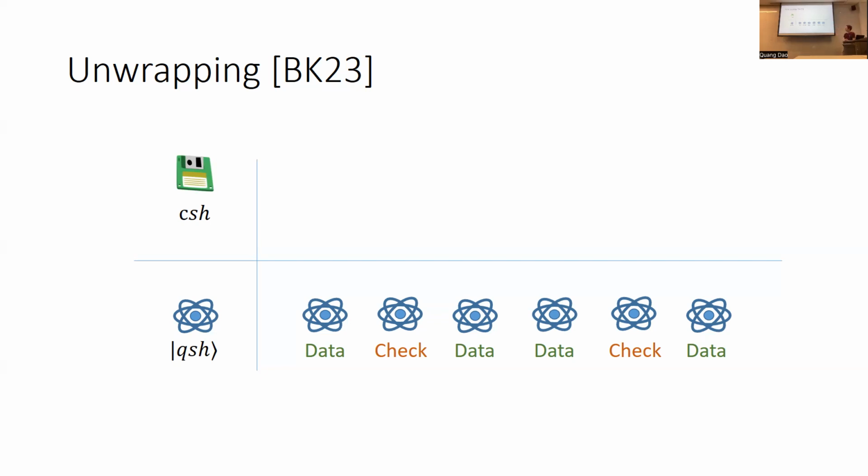The idea is that in order to check that somebody has actually measured in the incorrect, destructive basis, we just check the results of their measurements on the check positions. And this tells us that intuitively most of the data positions are measured.